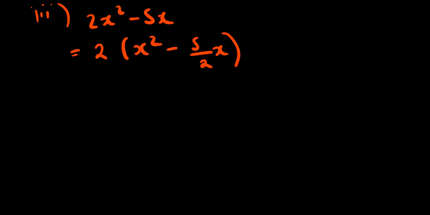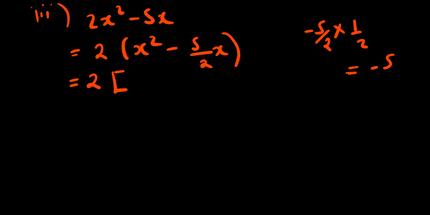Then we're going to again find the half of that and square it. So let's just do that. Negative 5 over 2 multiplied by half, what are you going to have?